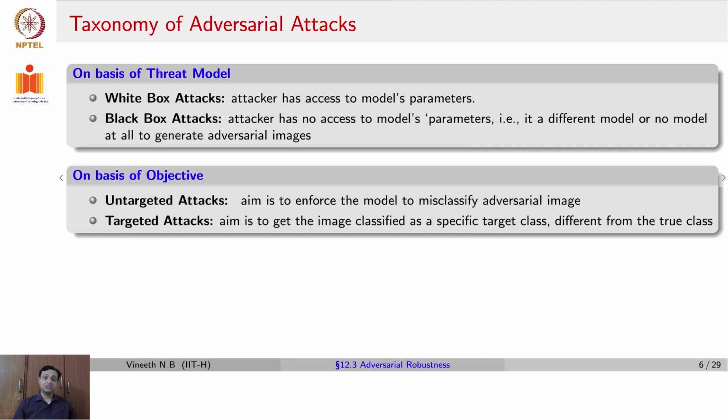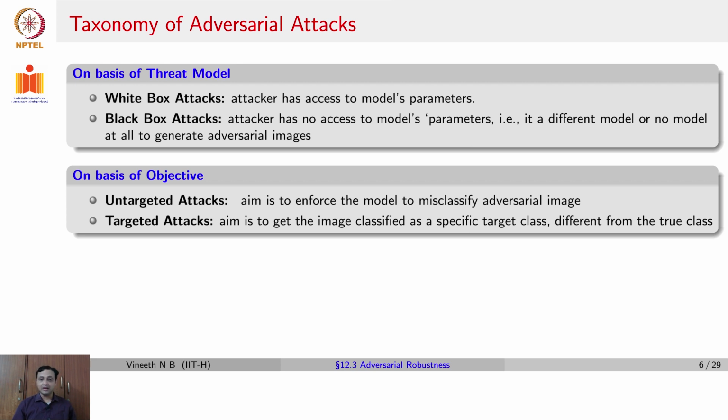Similarly, on the basis of objective, adversarial attacks are differentiated as targeted attacks or untargeted attacks. In untargeted attacks, the aim of the attacker is to force the model to misclassify. Whereas in a targeted attack, the aim is to ensure that the model classifies it as a particular target label.